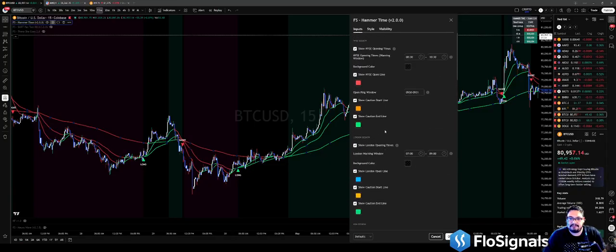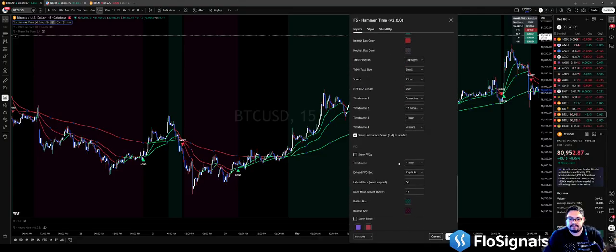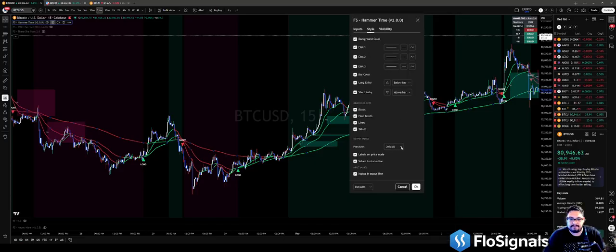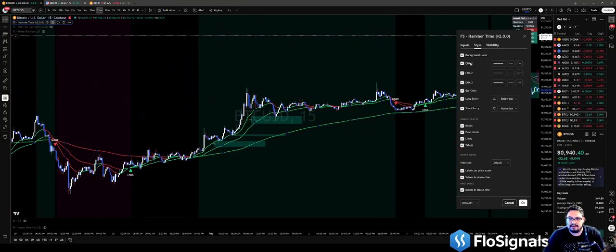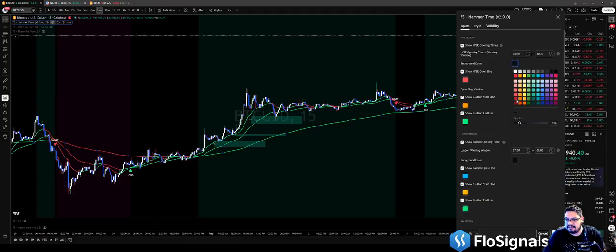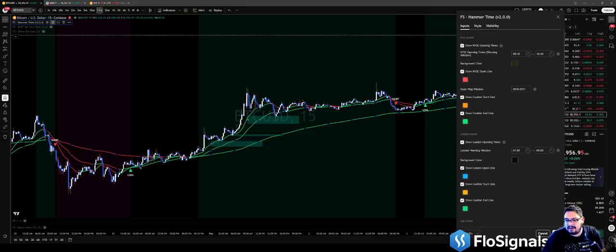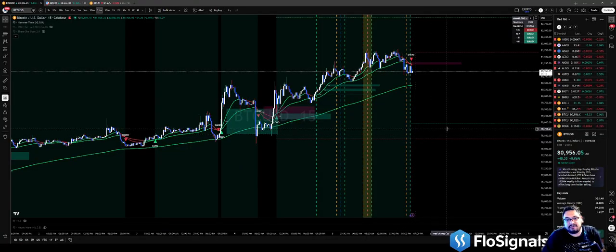And you also have fair value gaps. Why, oh, why is it not showing? Well, I'll look and make sure this gets updated, but it's supposed to show dotted lines of the time frame. Oh, there it goes. There they are. I just didn't move over.